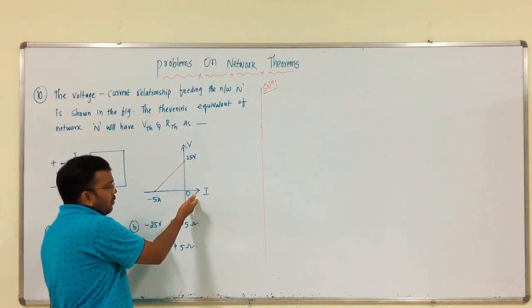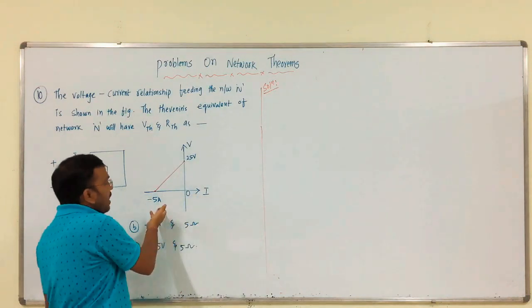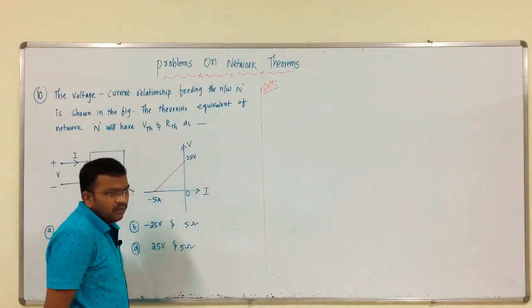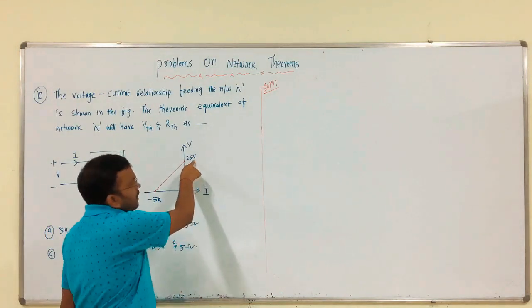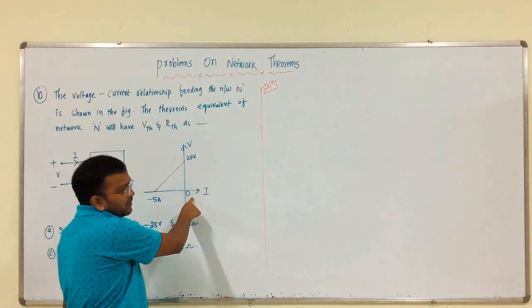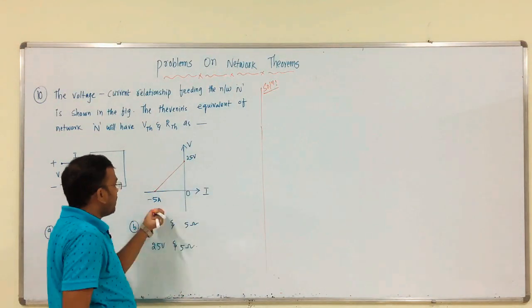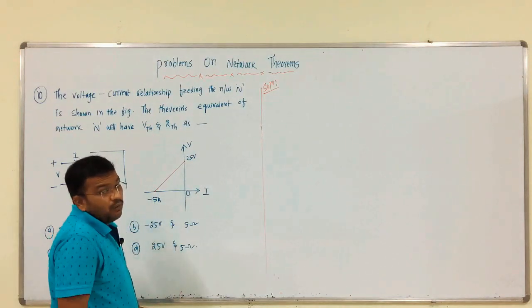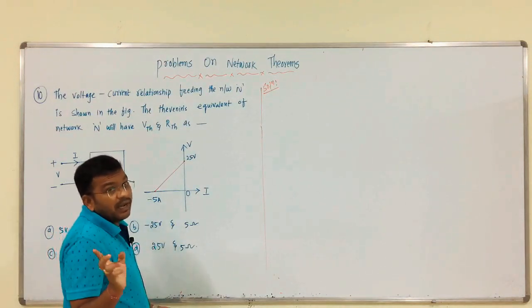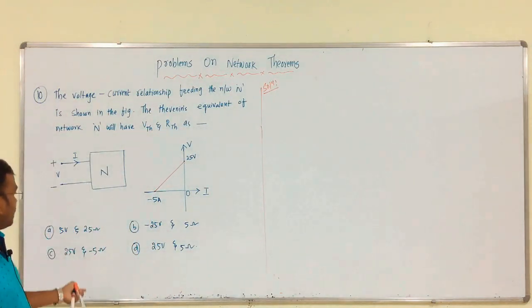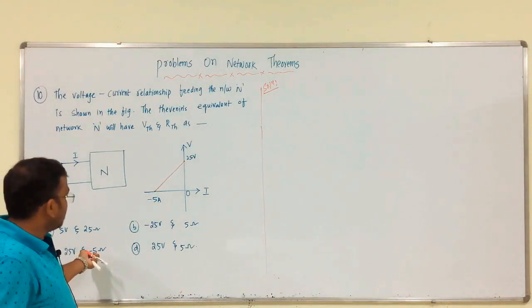When voltage is 0 means short circuit, this is ISC, and again we have 0 comma 25. Current is 0 means open circuit. This is VOC. VOC by ISC, 25 by minus 5, minus 5 ohm, but resistance can't be negative, therefore the option is 5 ohms, right. So C is not correct.